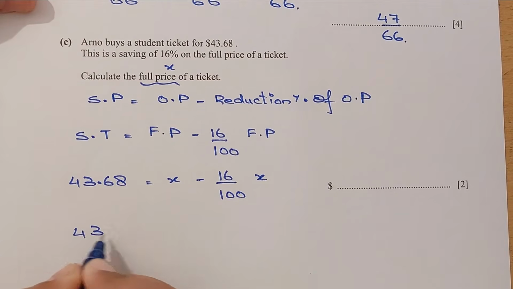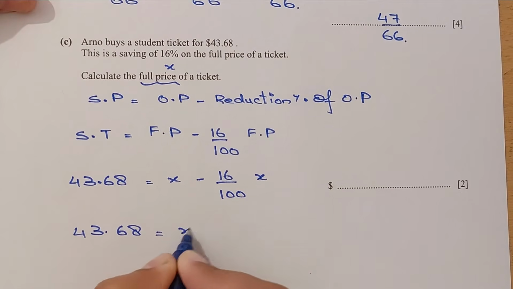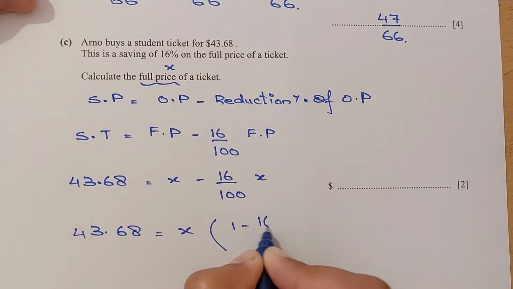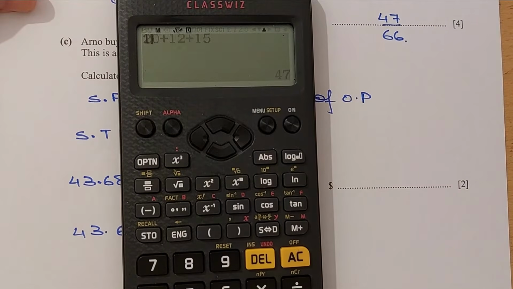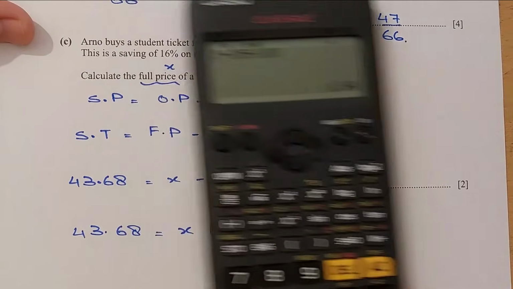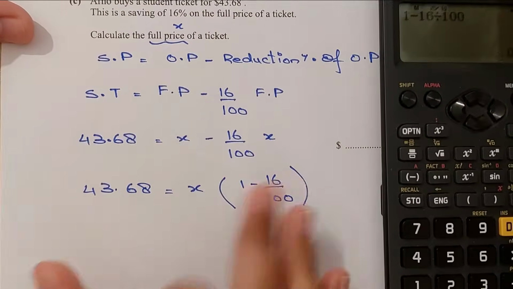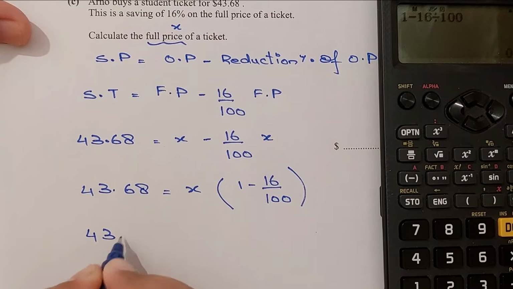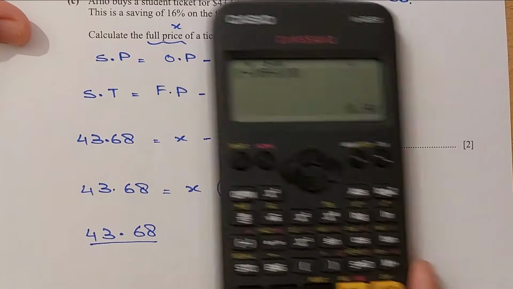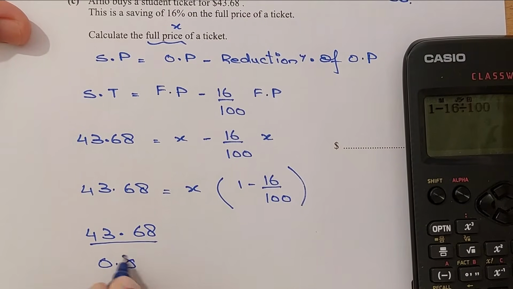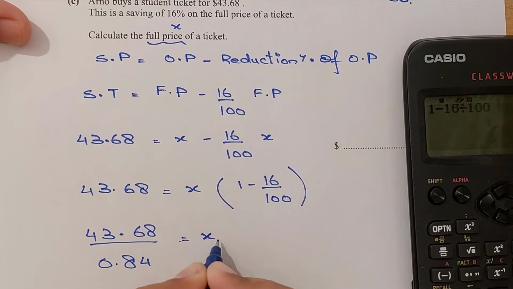And 43.68 equals X times 1 minus 16 over 100, right? 1 minus 16 divided by 100 is 0.84. So X equals 43.68 divided by 0.84. We will get X, the full price of the ticket, right?